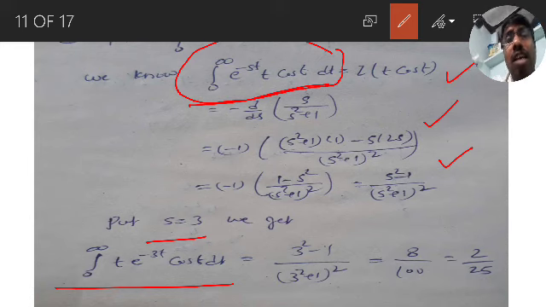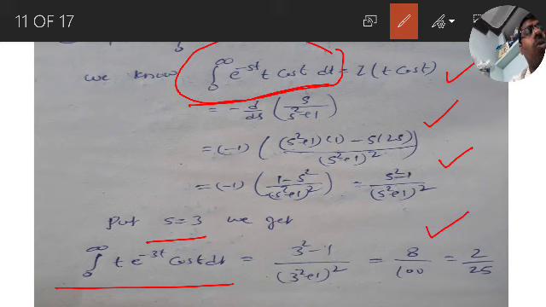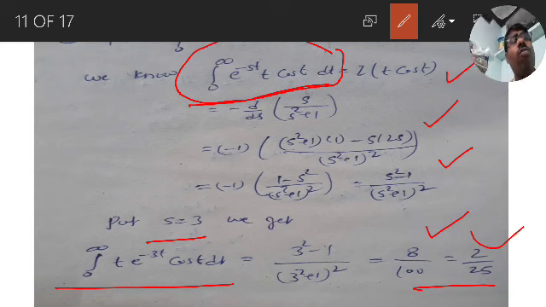So integration 0 to infinity t into e power of minus 3t into cos t dt becomes 3 square minus 1 by 3 square plus 1 whole square. 3 square is 9, 9 minus 1 is 8, 9 plus 1 is 10, 10 whole square is 100, so 8 by 100. Simplifying, the answer is 2 by 25.